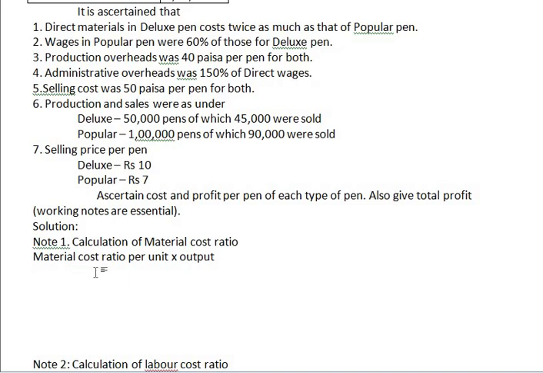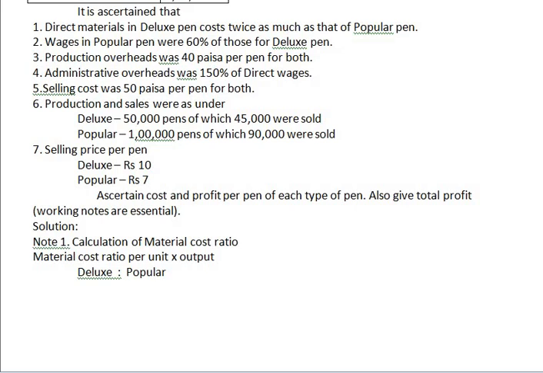Now here there are two pens, deluxe and popular.